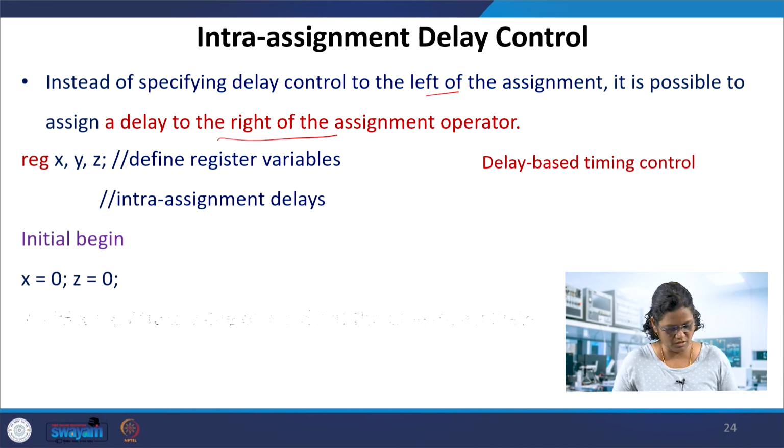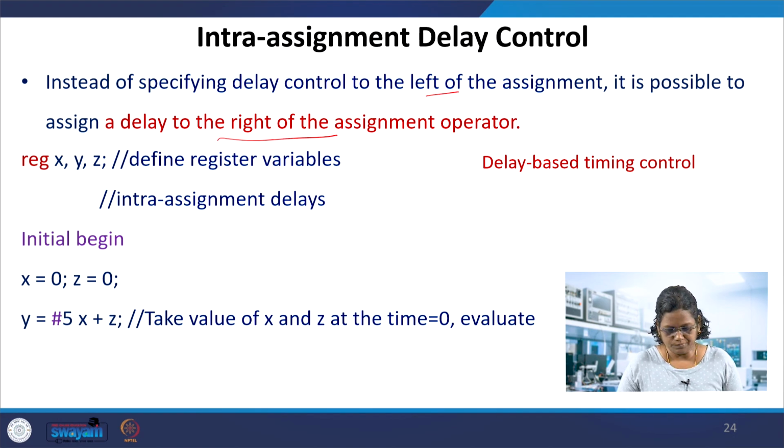You can see y with #5, which we have used in some of the examples with the non-blocking statement x plus z. Here take the value of x and z at time t equal to 0, that needs to be noted. It is #5, the evaluation is not delayed, the assignment is delayed in this case.